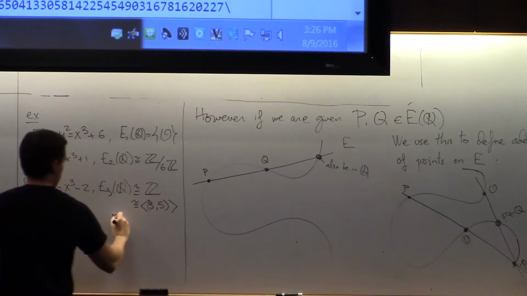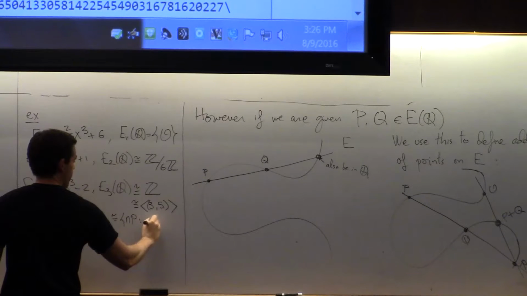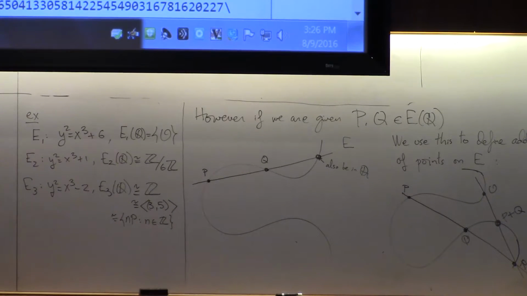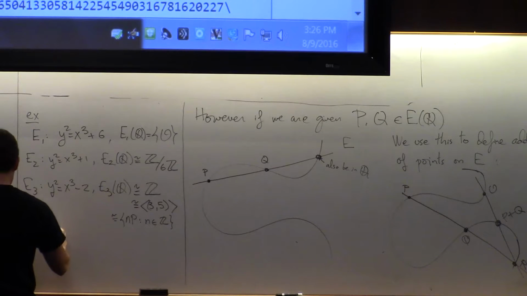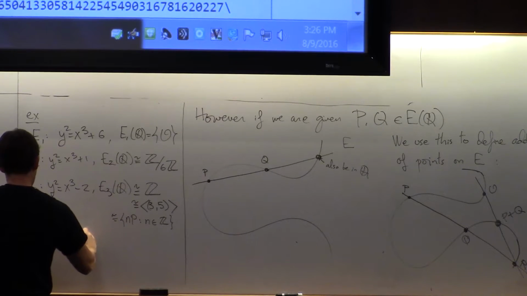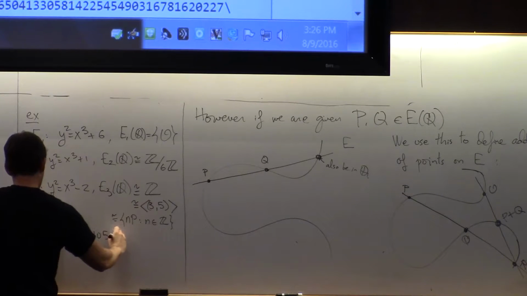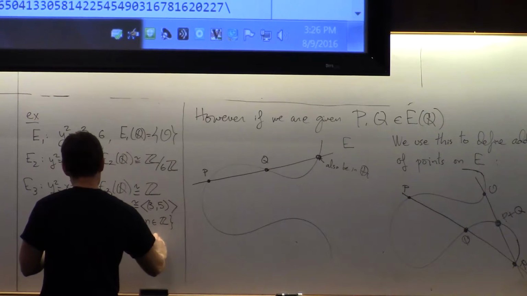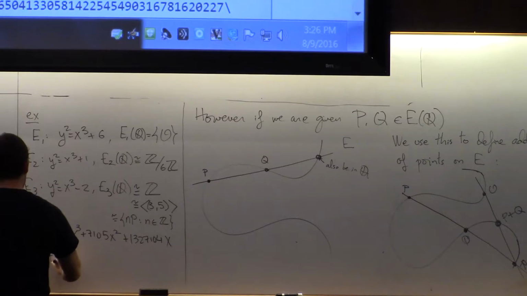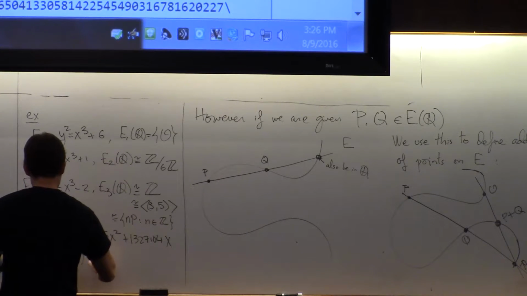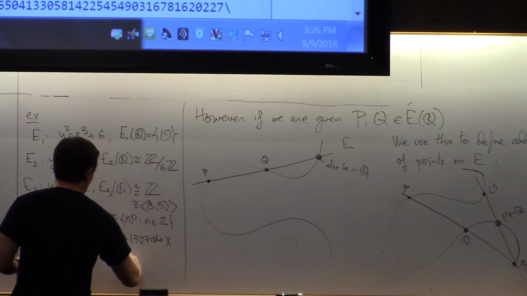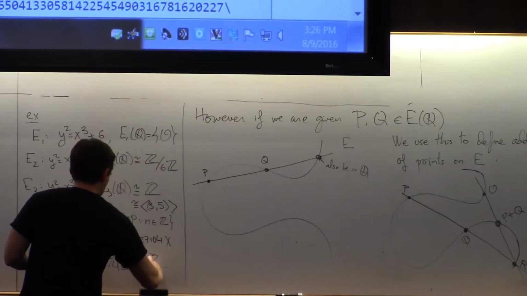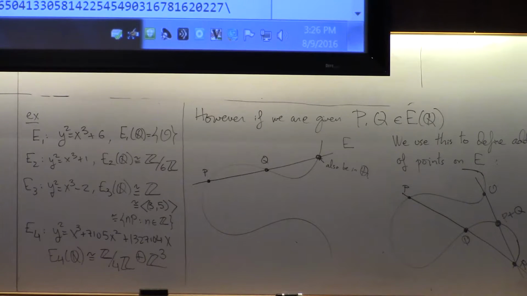So these are all the points, and there is no torsion. Or you can find elliptic curves that have torsion and rank. This elliptic curve has a point of order 4, and also 3 linearly independent points of infinite order.